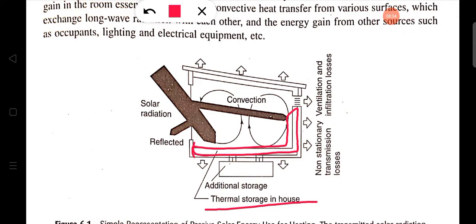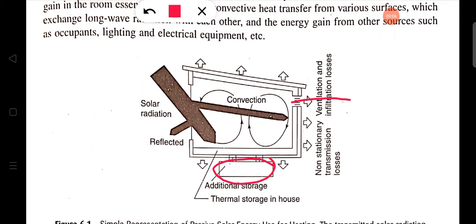This portion of the wall is designed such that when solar radiation falls on that wall, it stores heat energy inside the additional storage, and we use that additional storage on a winter night.